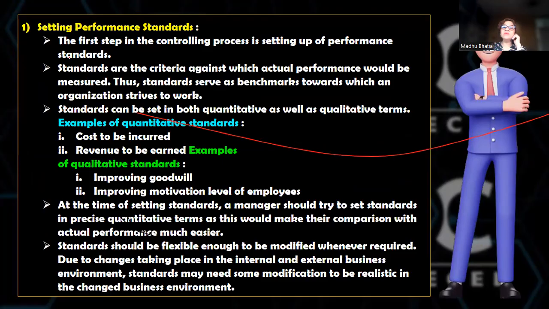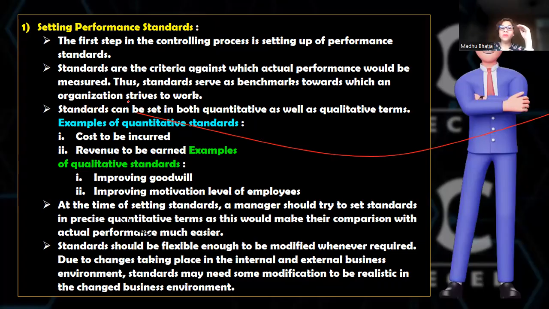Setting performance standards, the very first step in the controlling process, is to set up the performance standards, right? Now, these standards are the benchmarks or the criteria which is to be achieved by each and every individual, each and every section, each and every department.